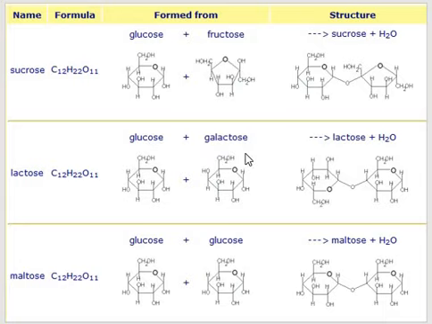Lactose is made of galactose first, and then glucose, again 2 hexoses. Maltose again is made of 2 hexoses, 2 glucose residues of the same type, making this alpha linkage. Here the linkage is beta between galactose and glucose, and the linkage between glucose and fructose is an anomeric 1-2 linkage.